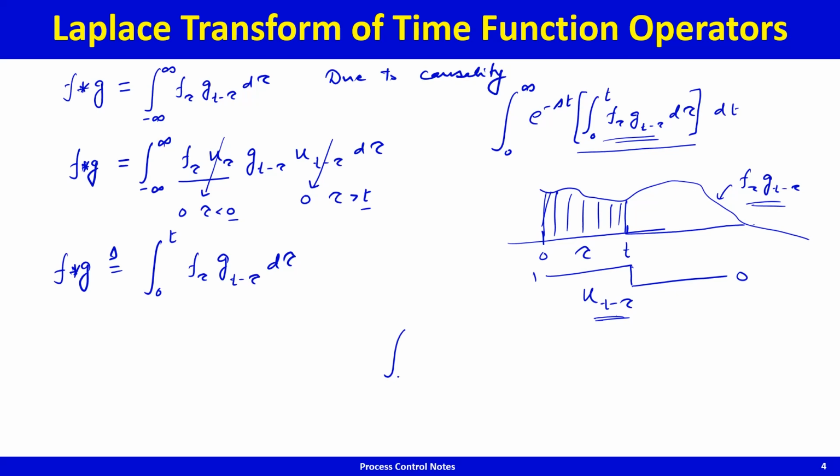This outer integral is over time from 0 to infinity, and then the inner integral is 0 to infinity over tau of e to the power minus st times f of tau g of t minus tau into u of t minus tau d tau, dt.